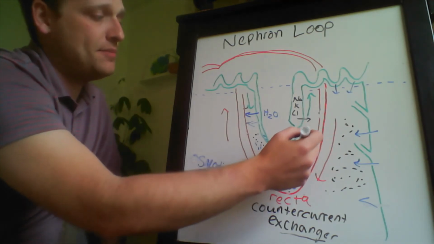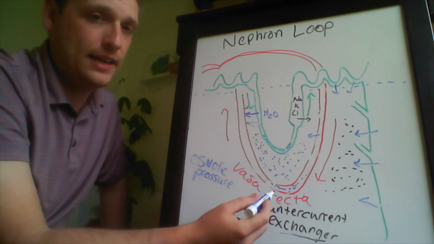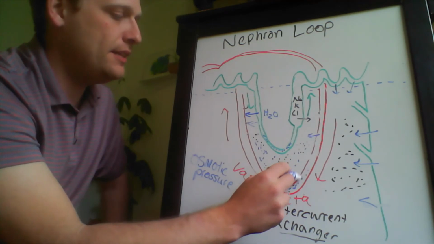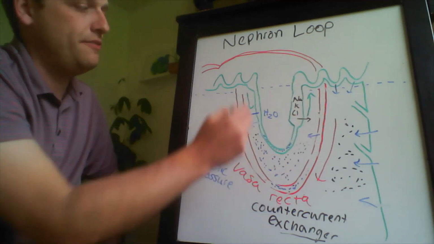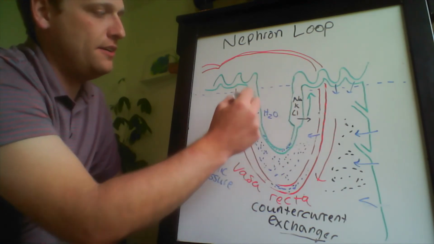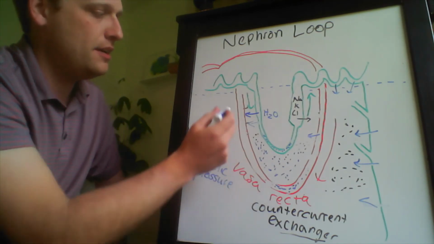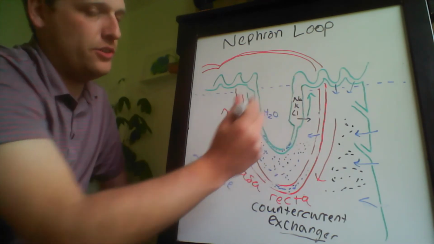And at the same time, it's salty out here, so you're actually going to lose water, and that's going to again contribute to an increased concentration here. So in this peritubular capillary, blood is flowing this direction, filtrate is flowing this direction, the current of the nephron versus the vasa recta is counter to one another. Blood flow is going here, filtrate is going here, so there's countercurrent.